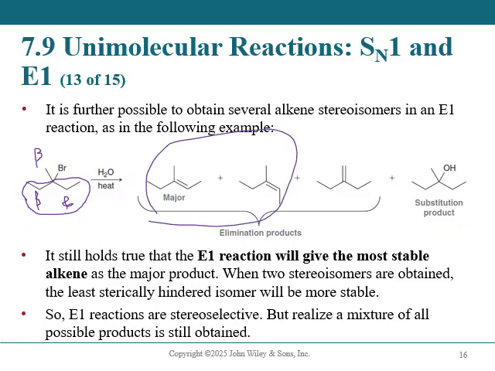You can expect the more substituted, in the trans position, the one right here, to be the major product. And then you get the least substituted as your minor product. You're also going to get some substitution product. It still holds true that the E1 reaction will give the most stable alkene as the major product. When two stereoisomers are obtained, the least sterically hindered isomer will be more stable.